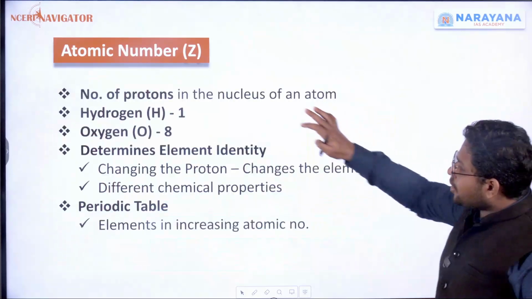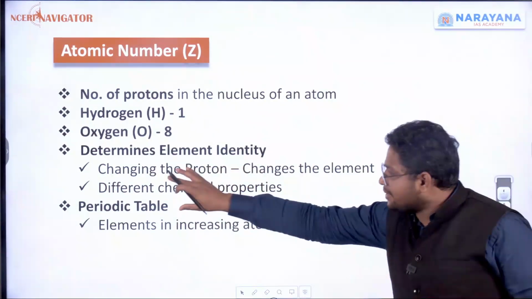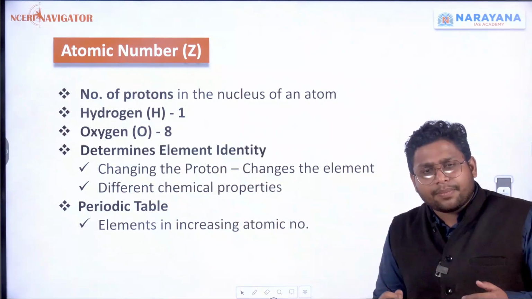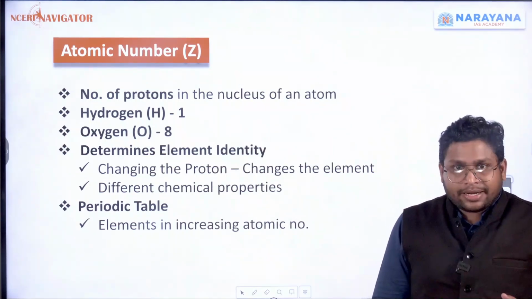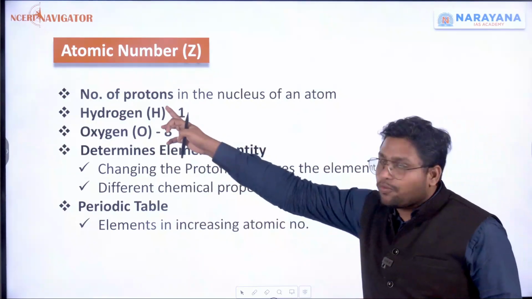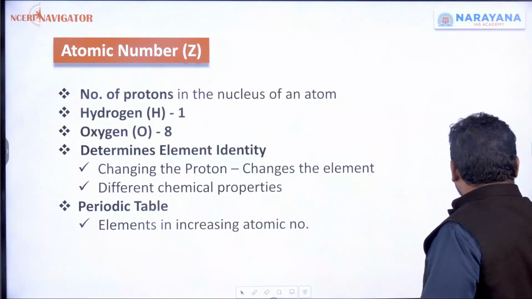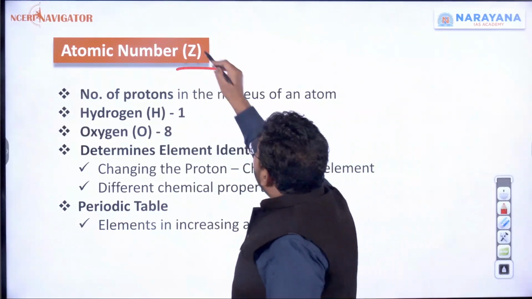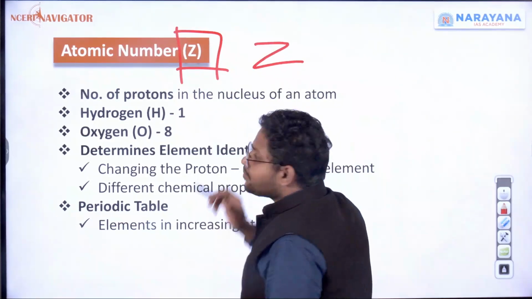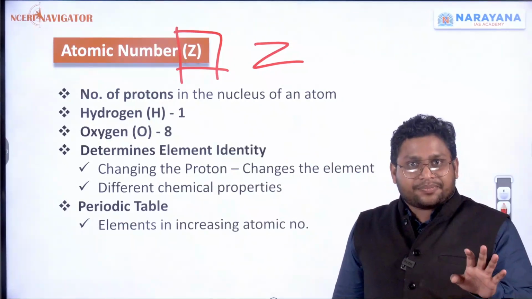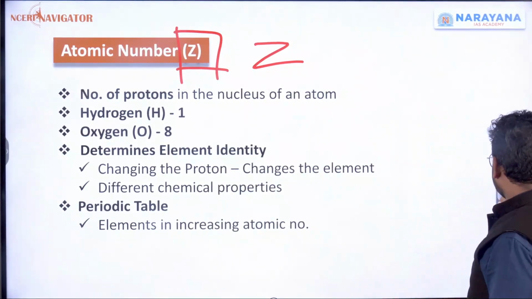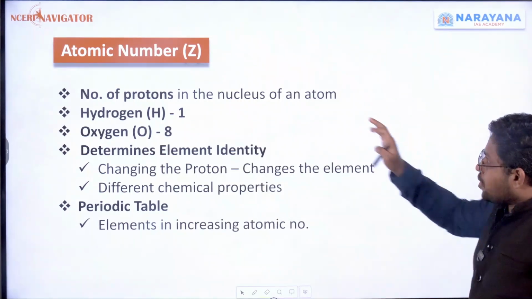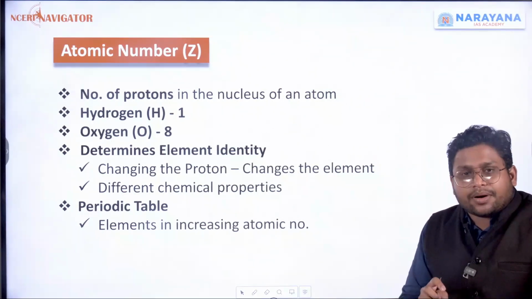Now, one thing is clear: this entire periodic table is made considering the atomic number of each element, and this atomic number is the number of protons. We represent atomic number with the letter Z. Okay, just for the sake of representation, we use Z. Now, this is atomic number.